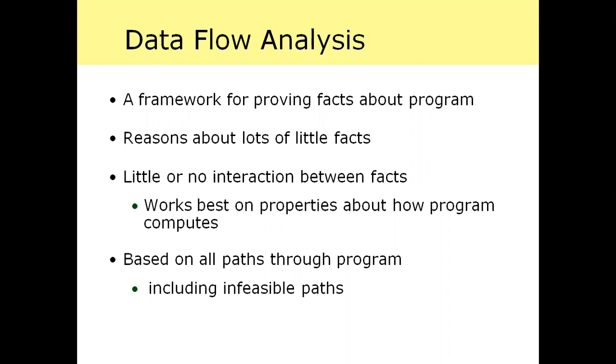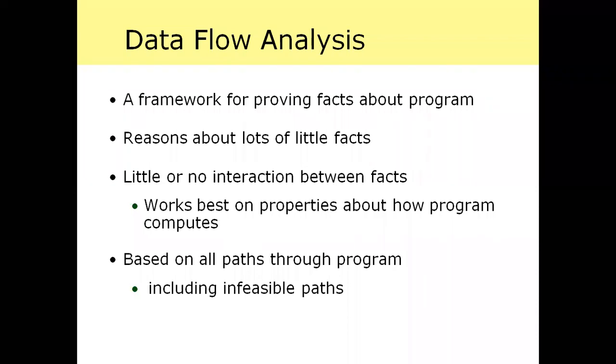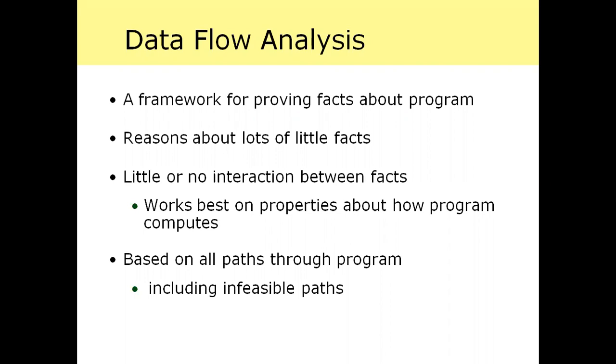This data flow analysis is a framework for proving some facts about the program. And how to prove those facts? Just by computing the values, or by using the data flow analysis equations, we can prove the facts about the program.